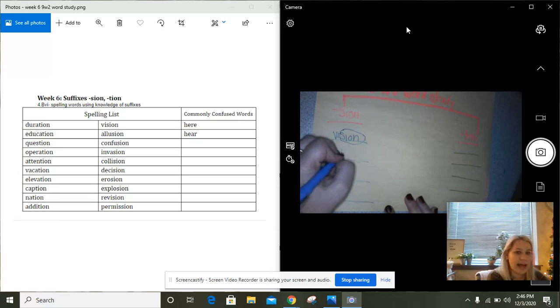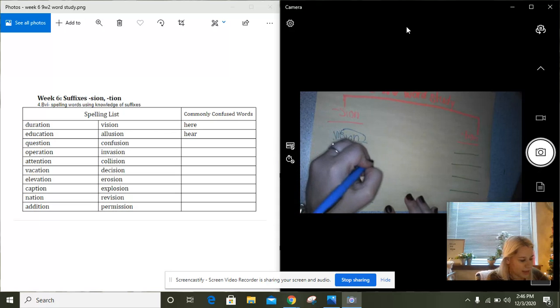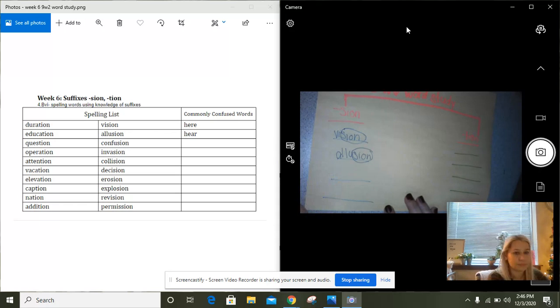Illusion, and circle SION. Confusion, SION. And then let's do a different one, erosion, SION.